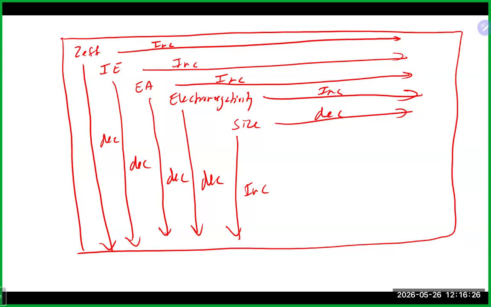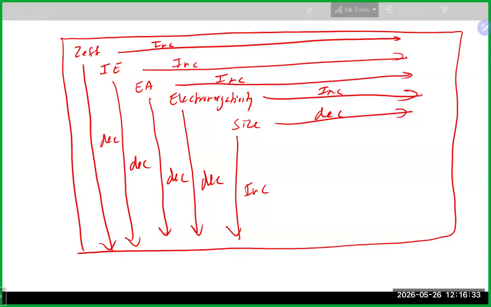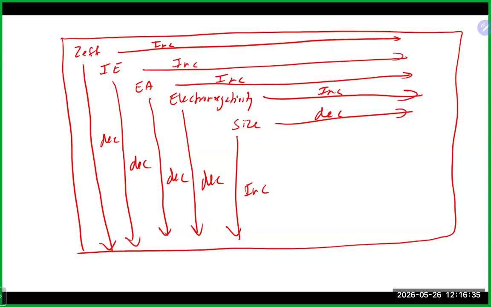What all these trends basically tell us is that when we go, for example, to the upper right of the periodic table, we have things that like to hang on to their electrons and like to gain other people's electrons. It takes a lot of energy to remove their electrons.